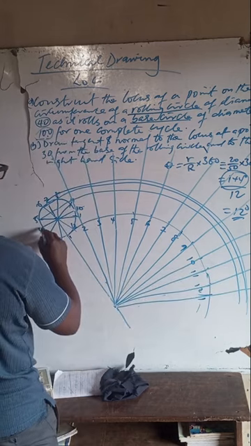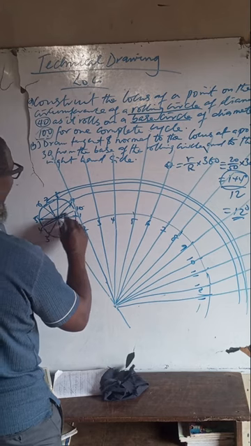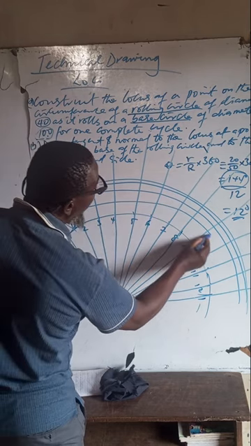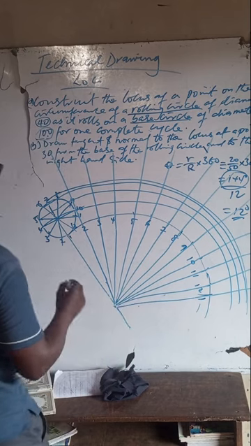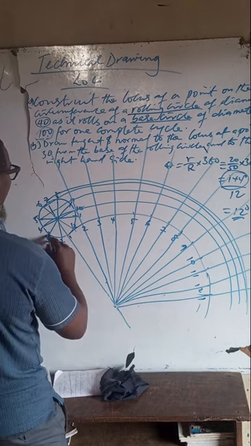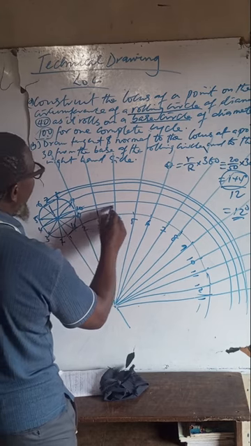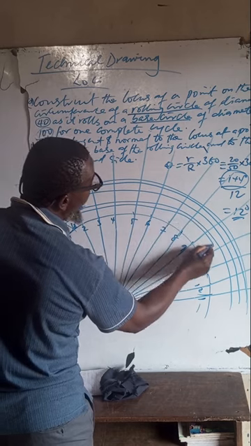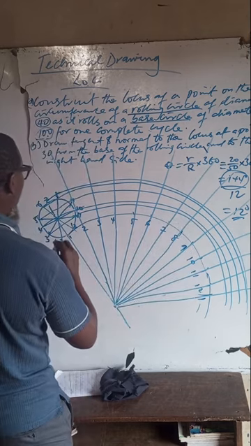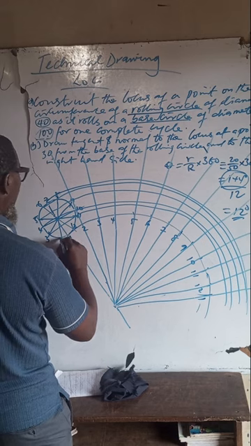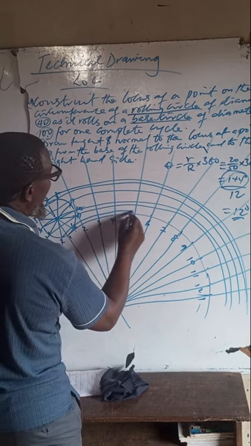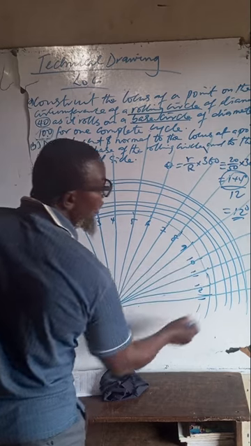The next will be 4 and 10. Then I connect 3 and 11; this is 11 here. Then I will connect 2 and 12, and 2 and 12 will go this way.